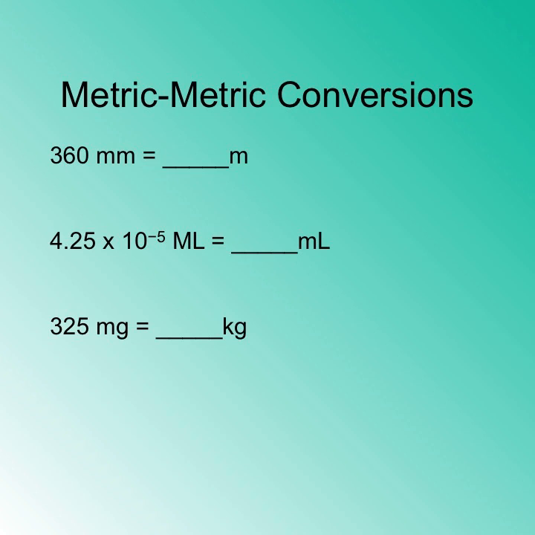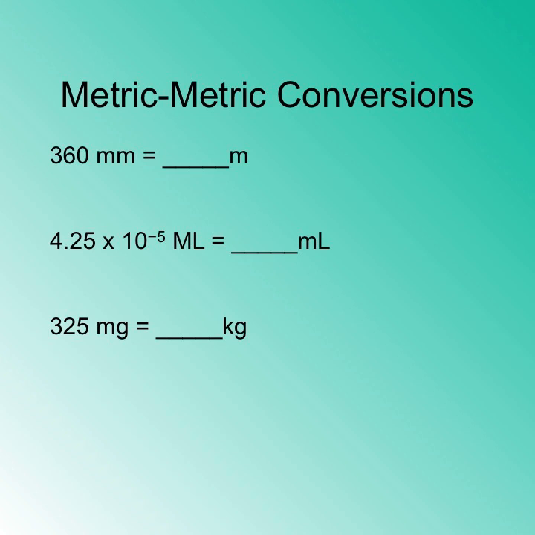So when you set that up mathematically, I want you to write 360 millimeters, and then I want you to write times. I want you to fill in your units first, where you will decide that you want to divide out millimeters, so put that in the denominator, draw your line, and in the numerator, you want to turn it into meters. So now you have 360 millimeters times meters over millimeters. And now you need to fill in the numbers that are appropriate for the meters and millimeters. And again, I already said 1 meter equals 1 times 10 to the third millimeters.